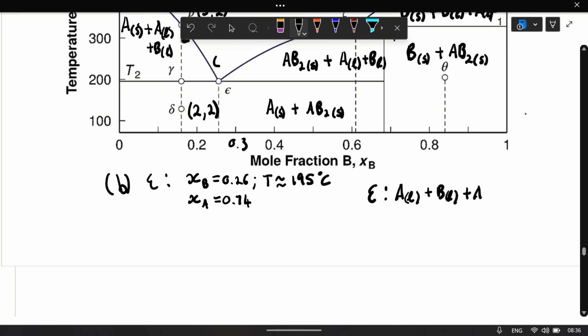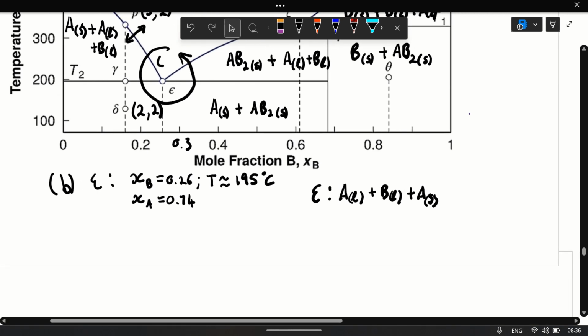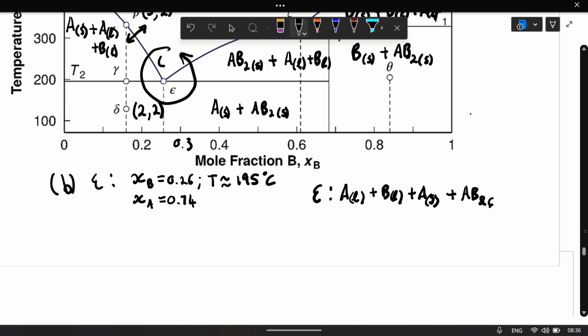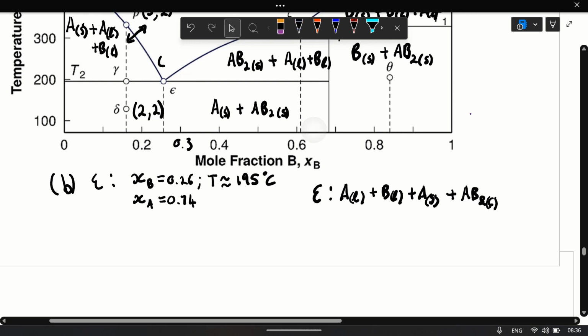Plus there's some A solid that comes in. So I'm moving sort of this way around. A liquid, B liquid, then A solid comes in. Then AB2 solid comes in. And then we've already had AB2, A liquid and B liquid, so we don't have to write them again. So we have four chemically distinct species here.